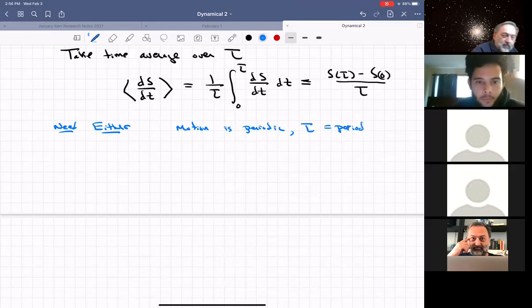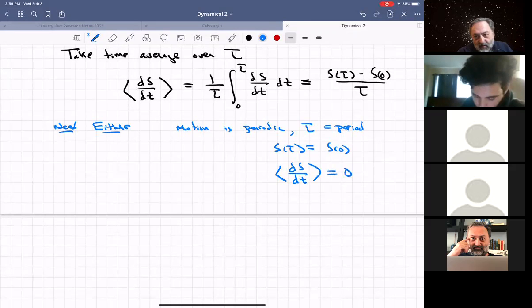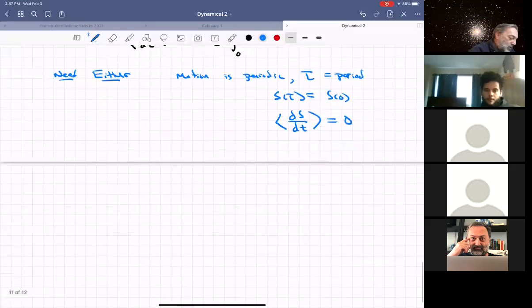If the motion that I'm interested in is periodic, where tau is the period, then S at tau would be equal to S at 0. And in that case, the time average of dS/dt would be 0 because the motion's periodic and I'm using tau to be the period. And so I got S at later time minus S at starting time. And if it's periodic, then those are going to be equal to each other. Yep, everybody good? Okay.